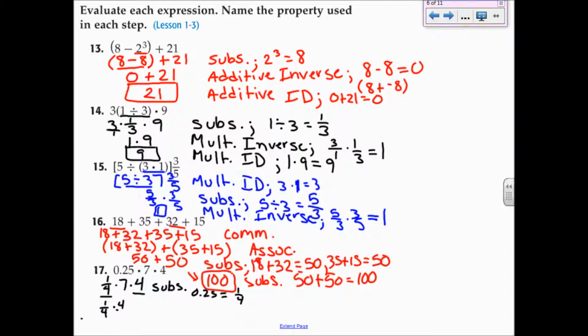And remember that 4 is the fraction 4 over 1. And that's the commutative property, which says order doesn't matter in addition or multiplication. These two are reciprocals, so when I multiply them together, I get 1, and that's by the multiplicative inverse property.